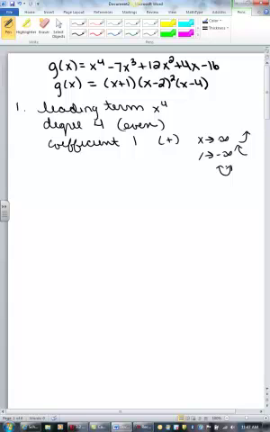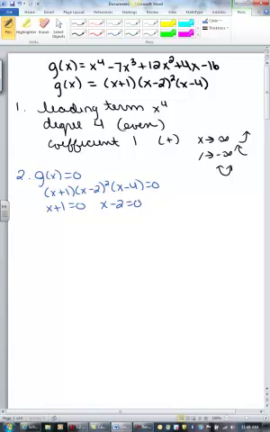Okay. Step 2, we're going to go through and we're going to find the zeros. So g of x equals 0. So this was nice for us. It gave it to us already nicely factored. So what we can do is we can use that already factored form to solve for the zeros. So we get x plus 1 equals 0, x minus 2 equals 0, and because it's squared, we write that twice, and x minus 4 equals 0.